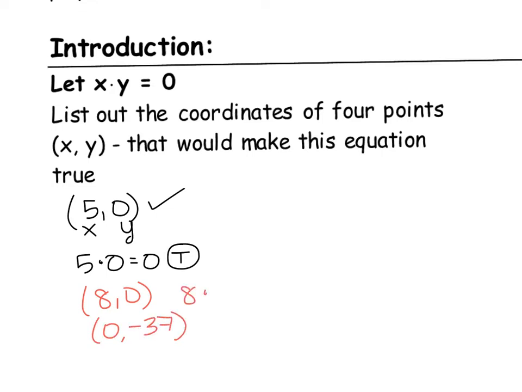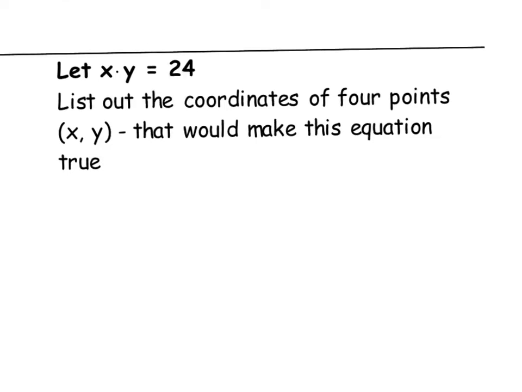Well, 8 times 0 equals 0, and 0 times -37 equals 0. So these are also solutions to this equation. And what you'll notice is that in each of these solutions, one of the factors is equal to 0.